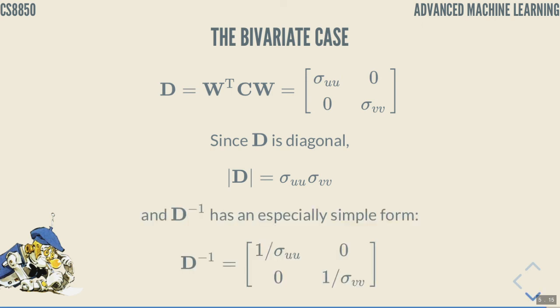And the inverse is very simple. We've already discussed that just a couple of minutes ago. It is 1 over the elements of the diagonal, and you can verify, multiply D inverse by D, and you'll get an identity.